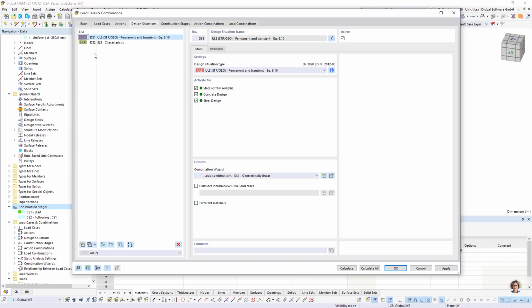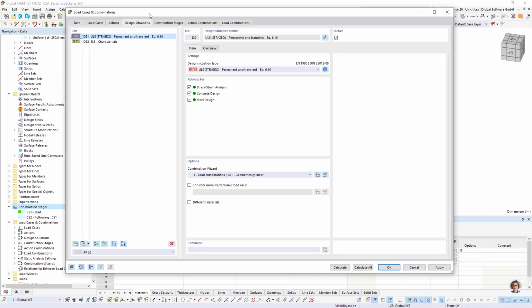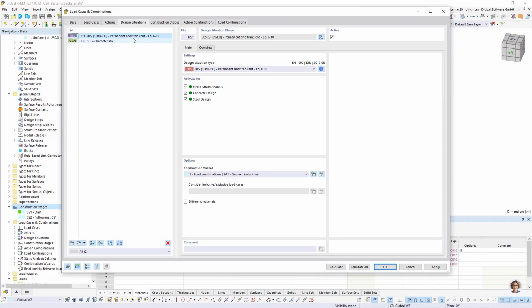But today it's more important to show how the construction stage is working, and not so much in detail the different checks for the materials. So that's why I have only 2. And now it's possible to assign the different construction stages to both design situations.